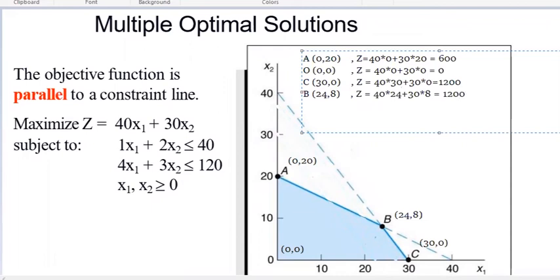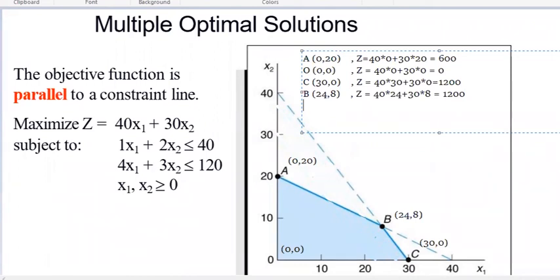Now you tell me, what is the corner point at which z is maximized? C and B. Okay, C and B are corner points at which we get the maximum value for z. So that means this problem has got multiple solutions. The solution is not limited to one set of points.